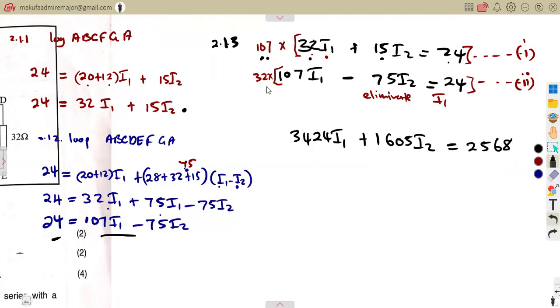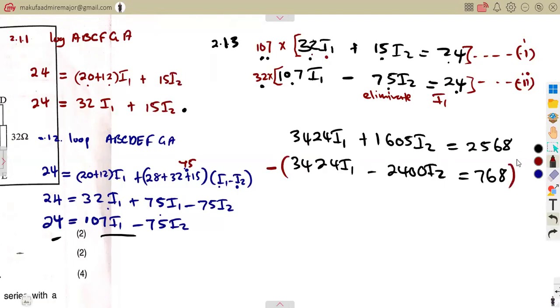You do the same thing with the 32. It multiplies the 107, that will be 3,424 I1. Do the same thing: 32 multiplies the minus 75, that's minus 2,400 I2. 32 times 24 is 768. So as you can see, I1 and I1 are the same, so you can eliminate this by subtracting equation 1 minus equation 2.